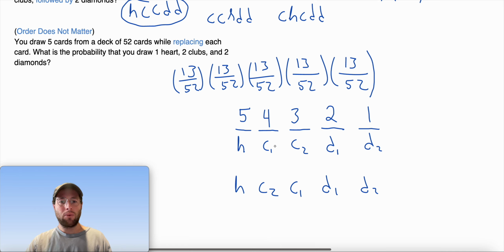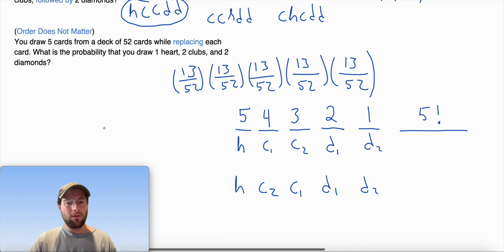And so let's see here. What we need to do is, I'm going to actually do this multiplication out. This 5 times 4 times 3 times 2 times 1 is the same thing as 5 factorial. And then what we need to think about is dividing by the different arrangements that are identical. In this example, the number of identical arrangements with this one is going to be the different ways that we can arrange the C1 and C2.